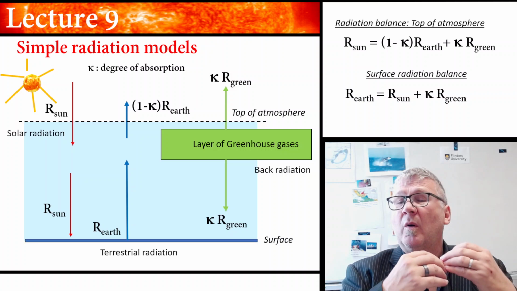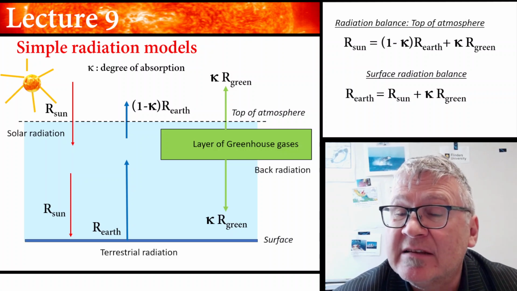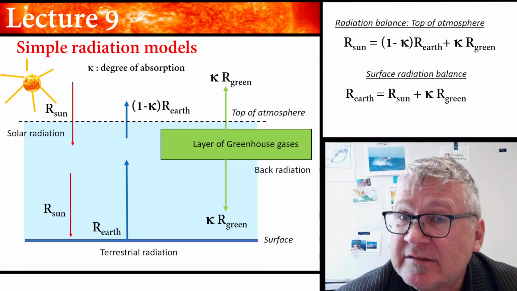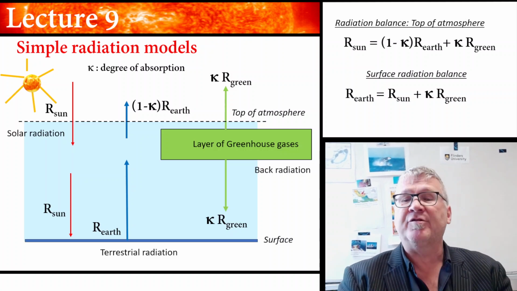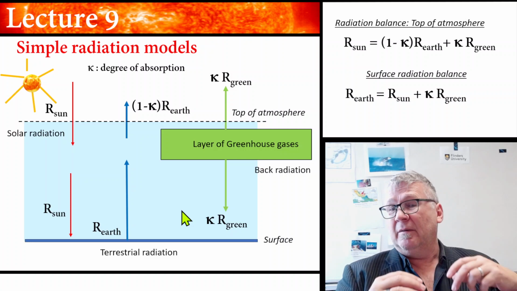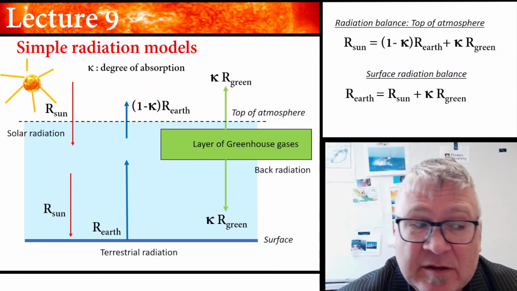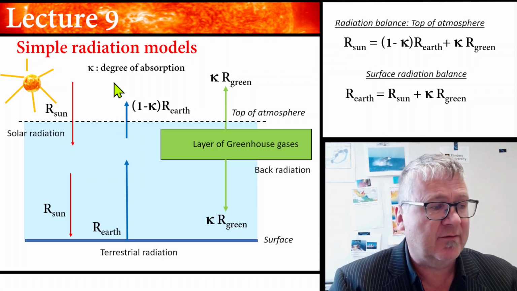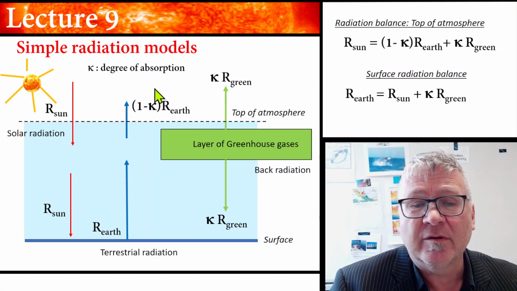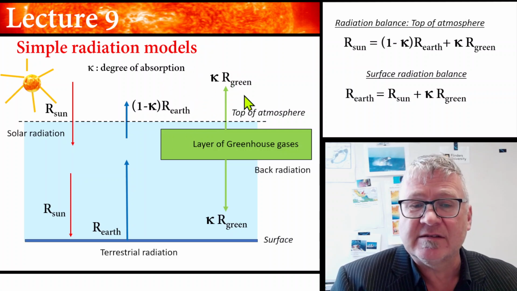So we know that the layer of greenhouse gases also emits. Okay, it warms up, it starts to emit, and we now distribute the radiation that is emitted back to space into two parts. One component which is emitted by the Earth, okay, and the other one which is emitted by the greenhouse gases.